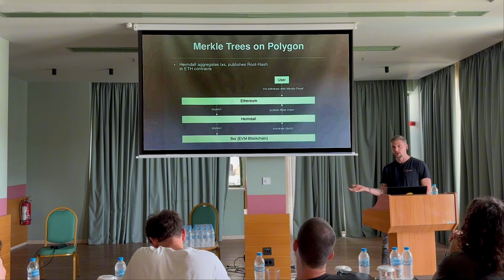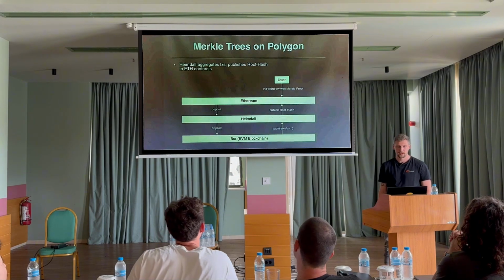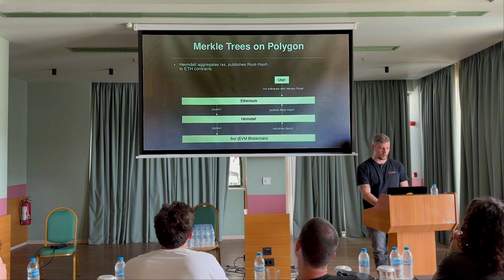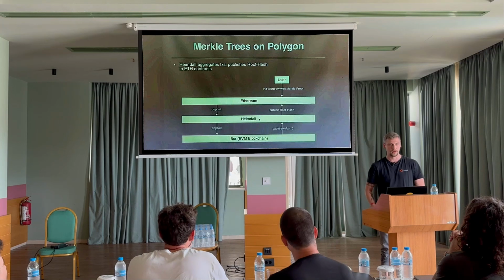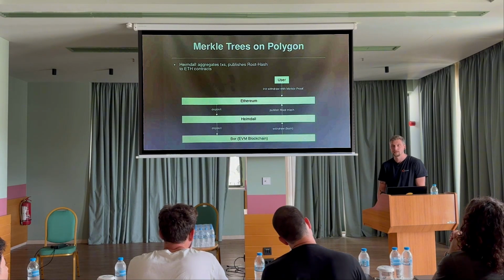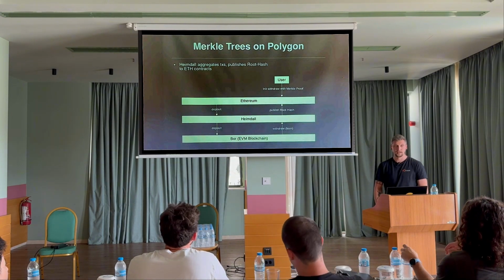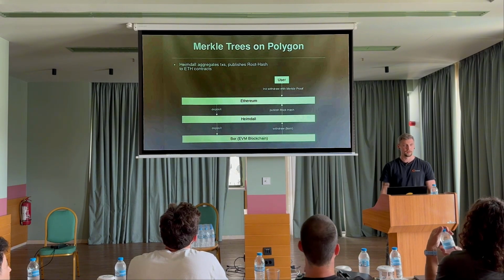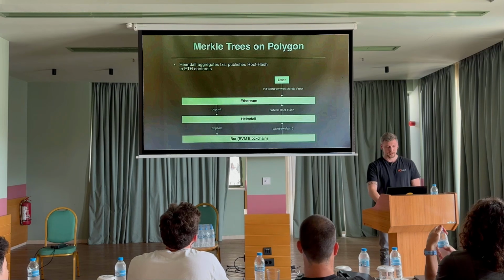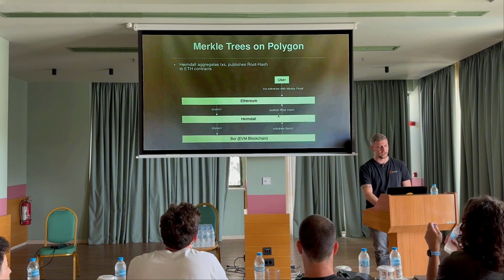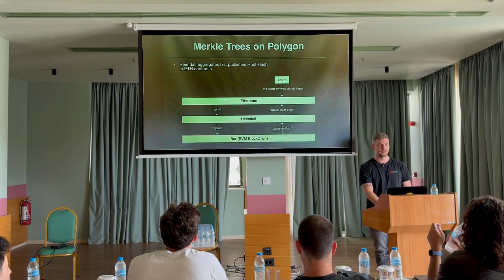And I think this is the cheap part because Polygon is cheap. And on the way back, the thing is, Heimdall can't do that because each time they want to update a balance for a user, they basically have to pay a lot of fees. So what they are doing is basically aggregating a lot of withdraw transactions and then just publishing a Merkle proof.